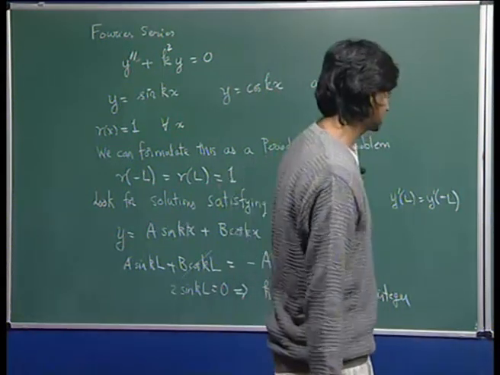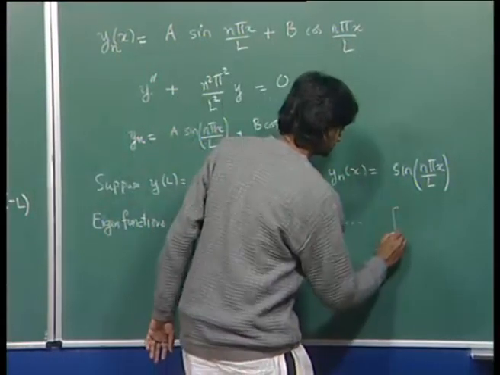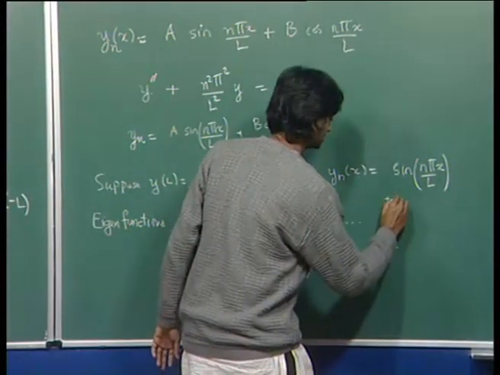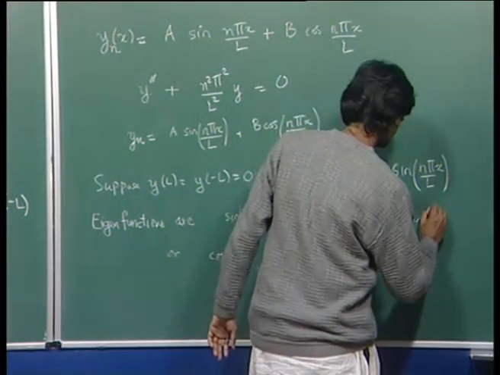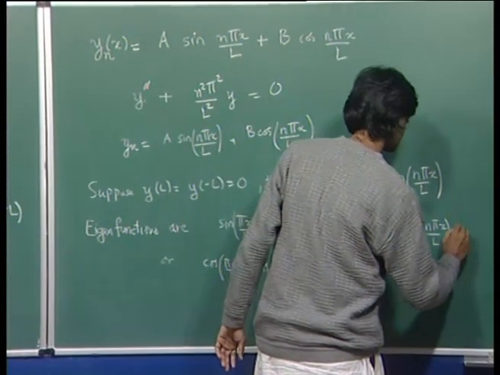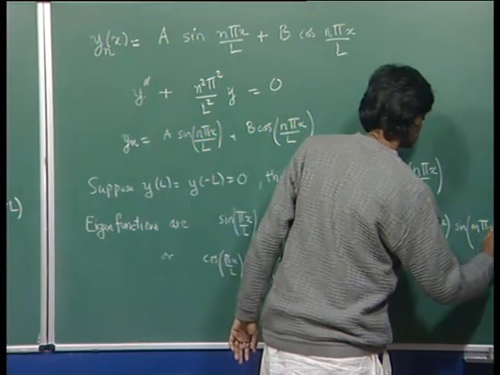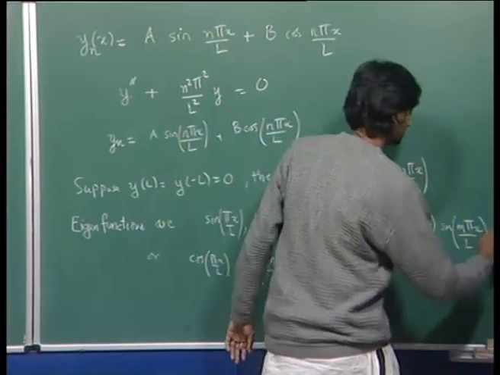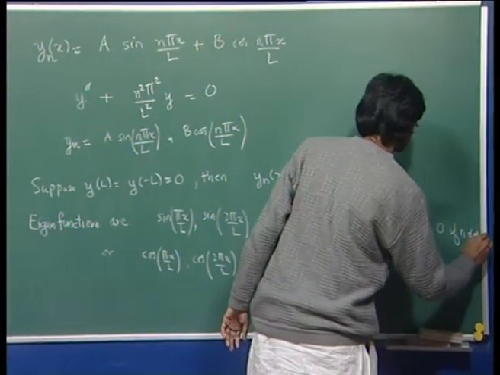and then the Sturm-Liouville theorem says that the integral from minus L to plus L of sin n pi x by L sin m pi x by L equals 0 if n is not equal to m.